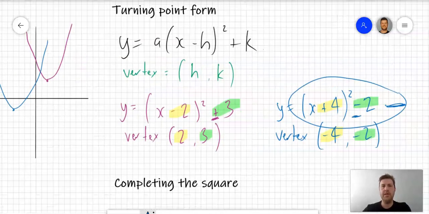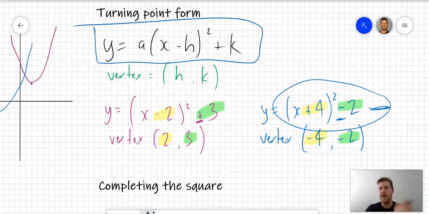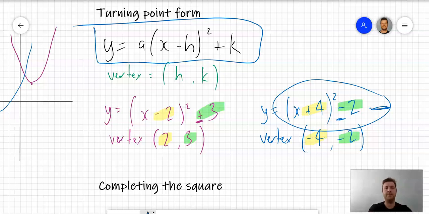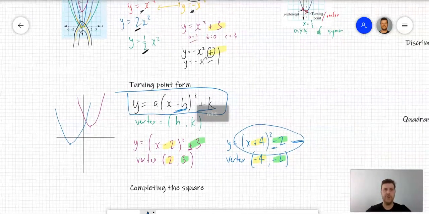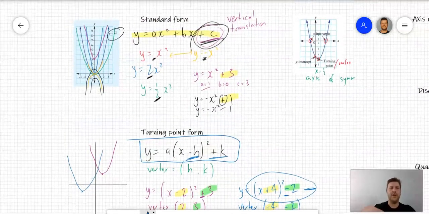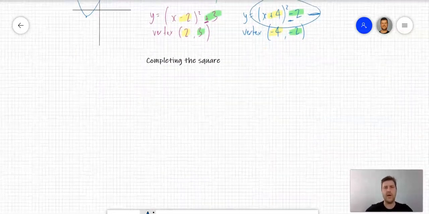All right, guys. So that's what's good about turning point form: you can look at the equation and just take the turning point straight from it. The opposite value of h and that value of k remains the same. Now, one thing that is good is that you can convert standard form into turning point form by completing the square.